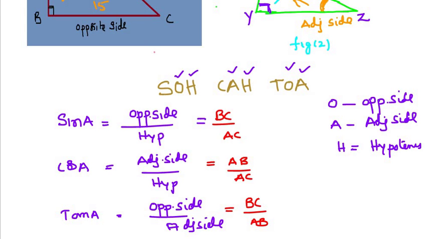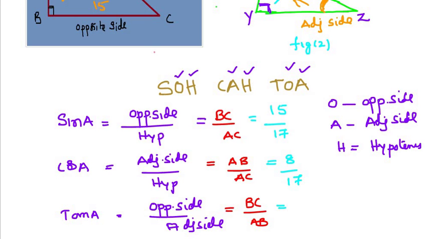And we know their lengths also. BC is 15 centimeters, AC is 17 centimeters, and AB is 8 centimeters.